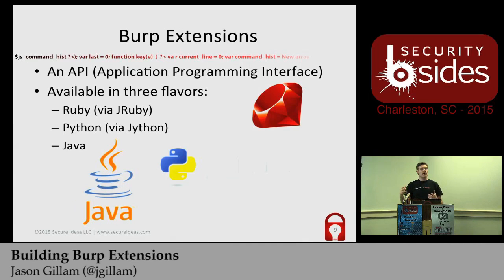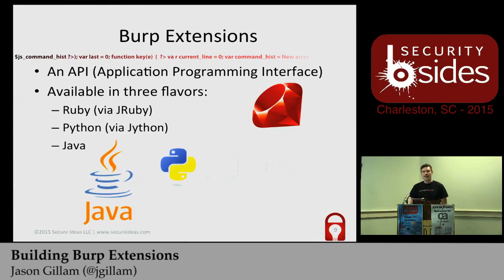And I'm going to focus on Java for a couple of reasons. One is Burp itself is written in Java. It inherently works better with Burp extensions than it does with these other languages. There are some issues with them. If you look at the PortSwigger website, home of Burp, there are instructions for making this work better with Python or Ruby, which involves increasing your memory heap, because they tend to use up extra memory and not release it.